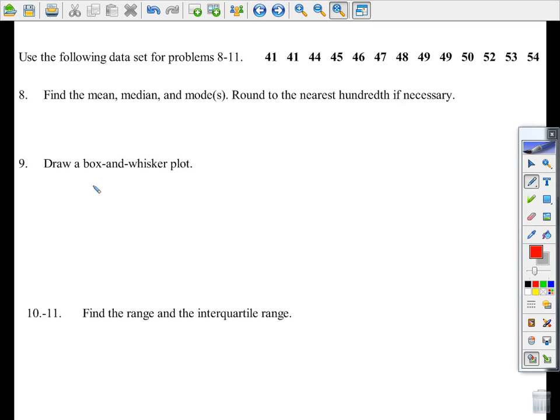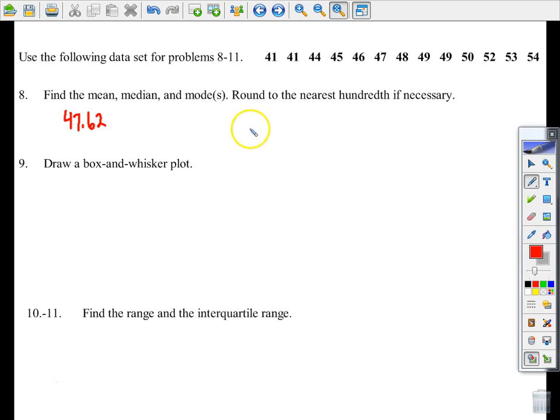Okay, so we should have gotten that the sum is 619. And now when you take that sum and you divide it by the number of terms in our data set, which we said were 13, that's 47.6153, but rounding to the nearest hundredths, we're going to say the mean is 47.62.